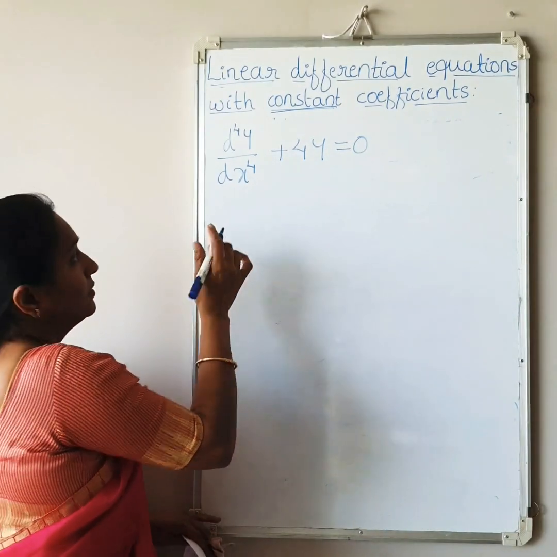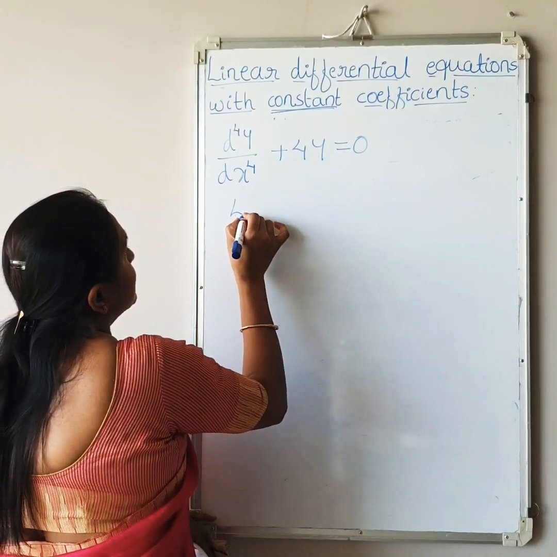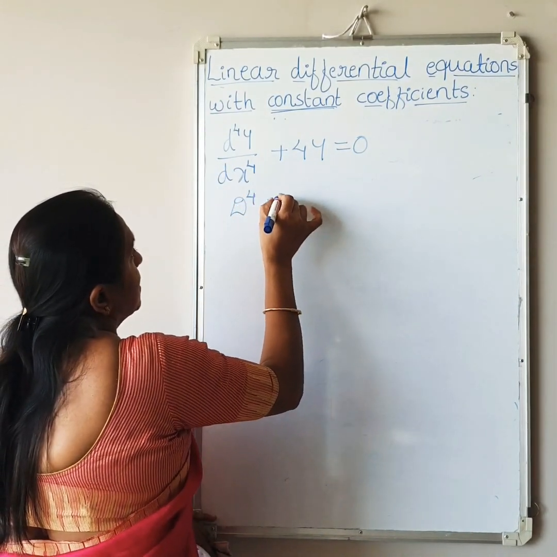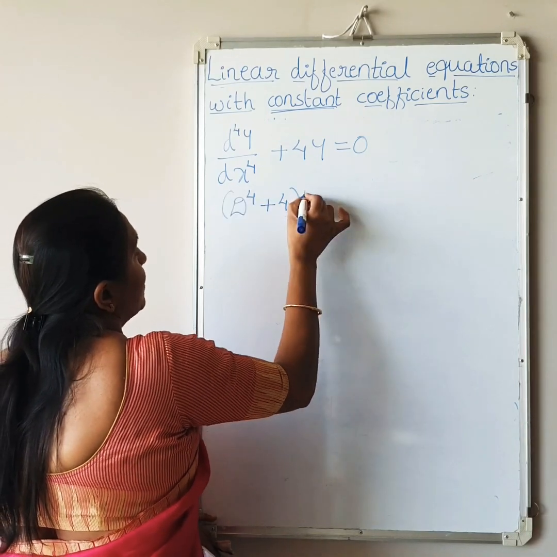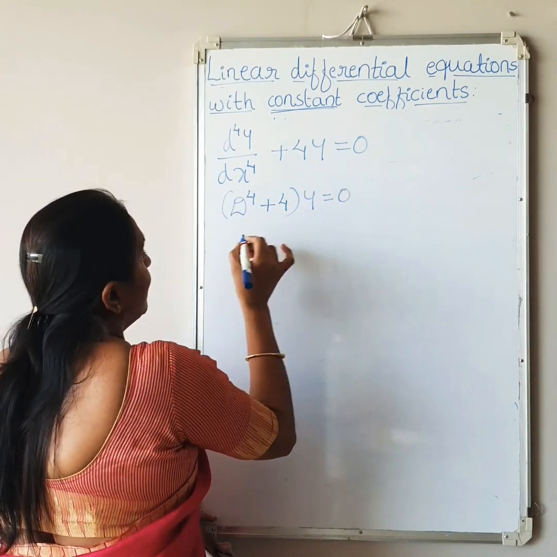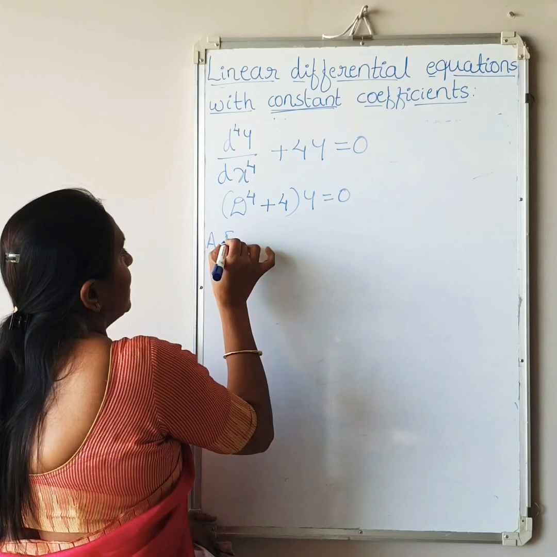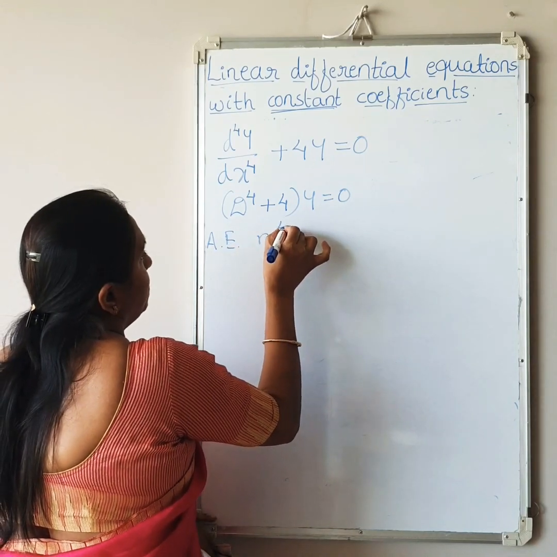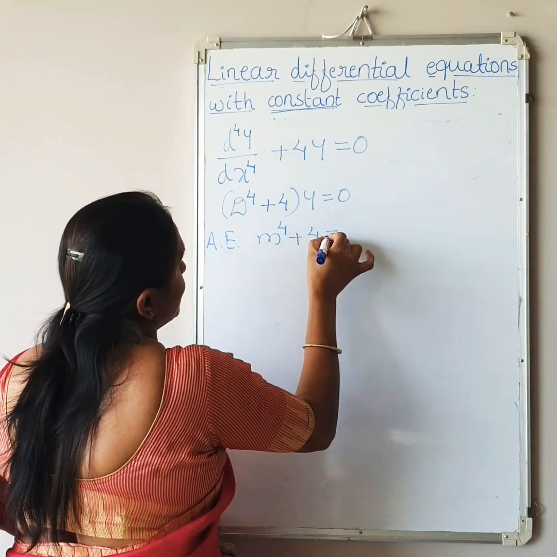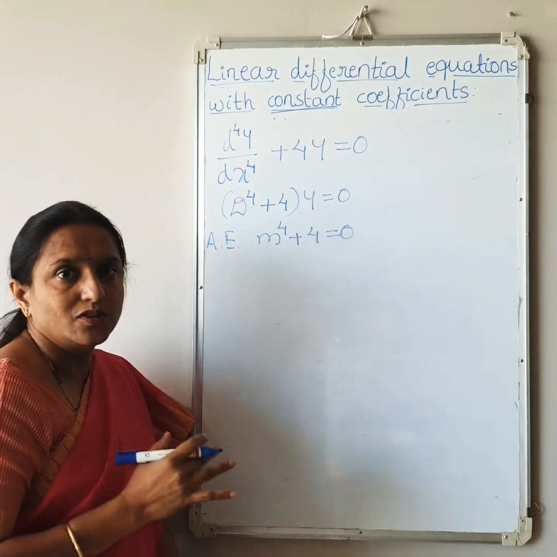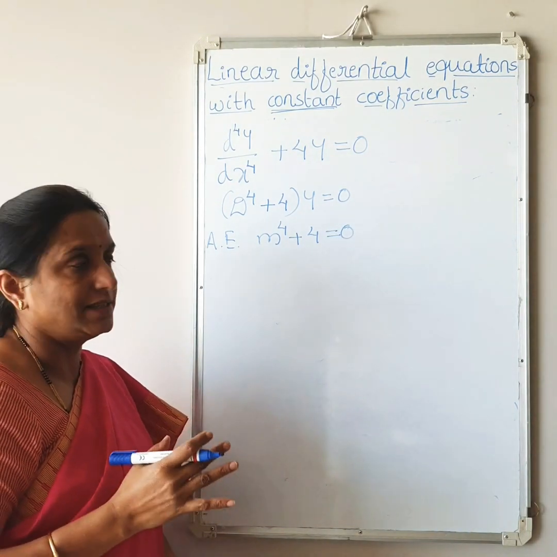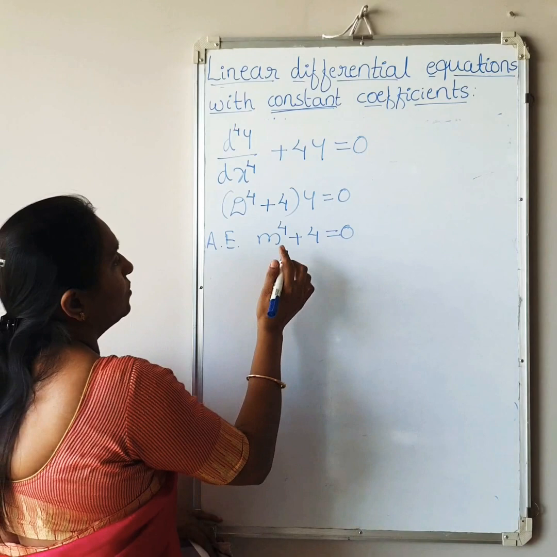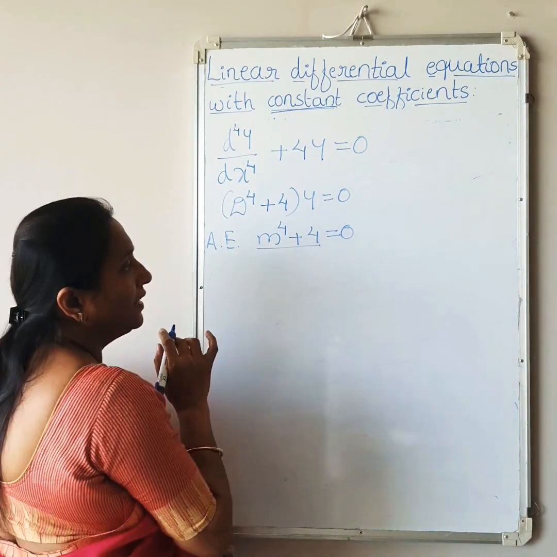First you write it in terms of D, that is D raised to 4 plus 4, y is equal to 0. Then the auxiliary equation is m raised to 4 plus 4 is equal to 0. These equations you cannot solve directly by using the calculator. In such cases, what do we have to do? We have to make an adjustment.